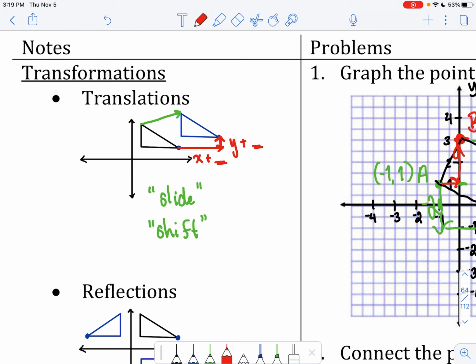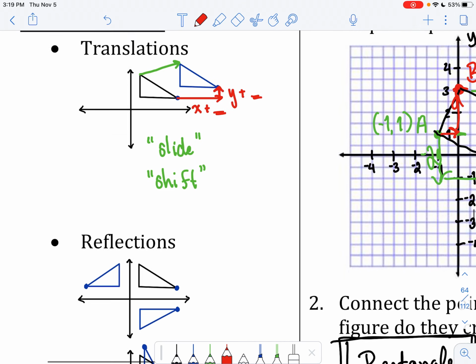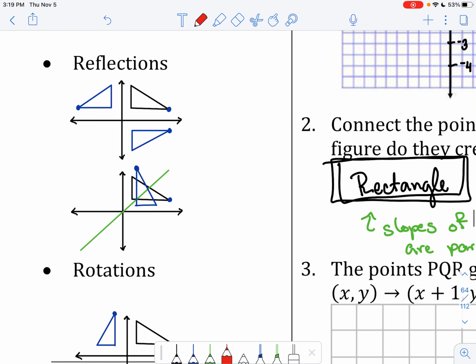There are 2 others. So there are reflections here, and there are 3 kinds of reflections that you're going to commonly see. If the black triangle here is the original shape, we could have a reflection across the x-axis.